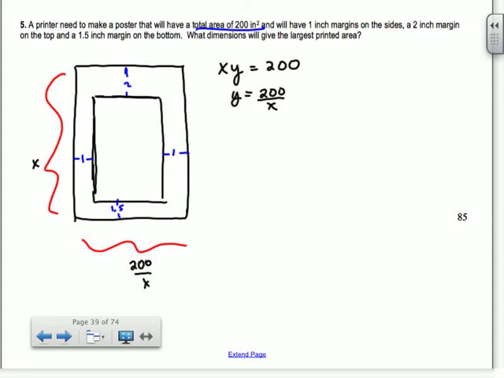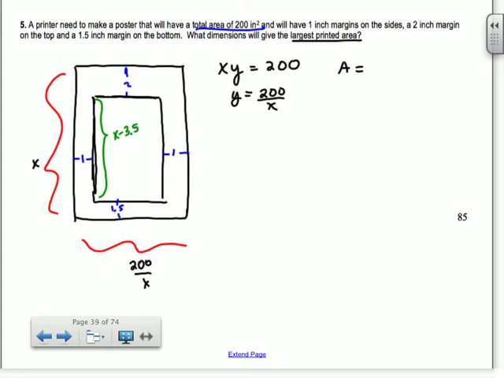Okay, so now we want to maximize the largest printed area. So I'm going to call that A for the largest printed area. So think about what your largest printed area is. We had X before, but now I've subtracted out the top part and the bottom part. So I've subtracted out how much? 3.5, right?